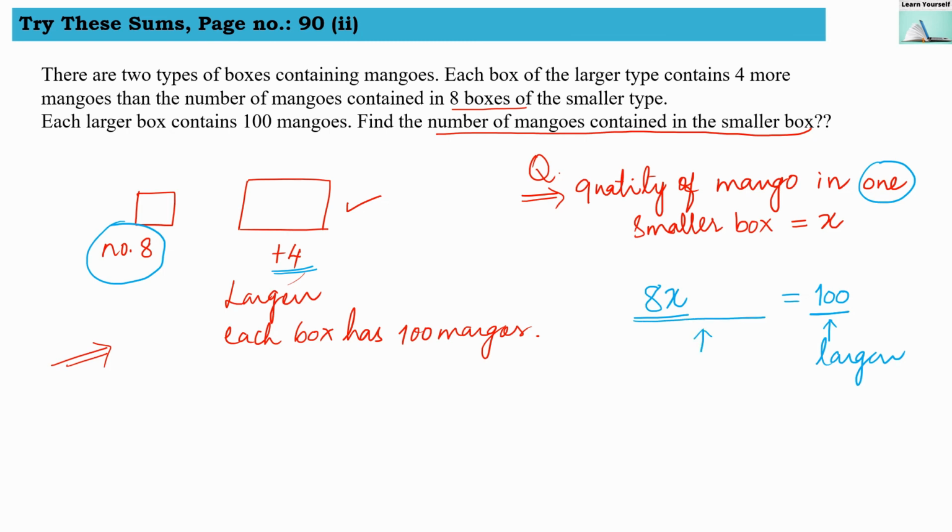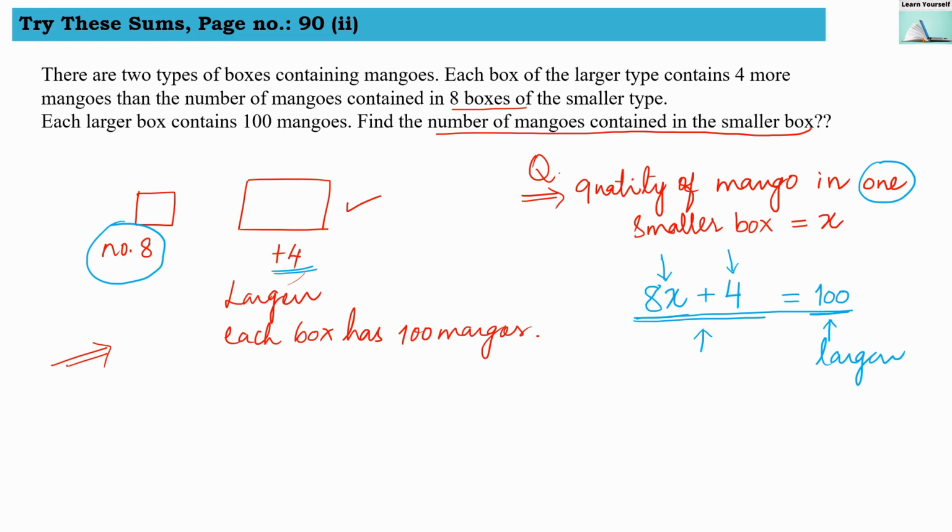So in the larger box, 4 mangoes are more, as they said. So this is the quantity of the smaller boxes, and each larger box has 4 more mangoes. And how many total mangoes are there in each larger box? 100. So that is how we can write the equation from these pieces of information.